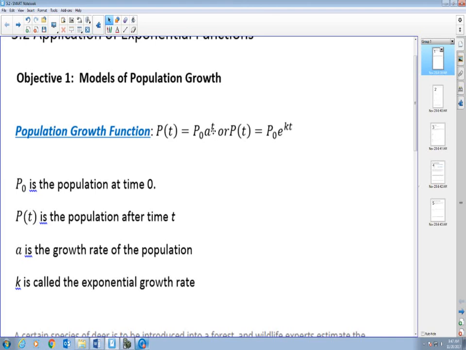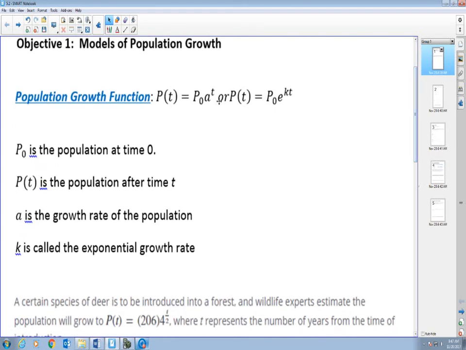If the number in front of the t is negative, that means we don't have a positive growth; our population is actually decreasing. This k, which I will explain later on, is called the exponential growth rate. When we look at base e, we will talk more about this letter k. The front one is what we're going to focus on for a moment.